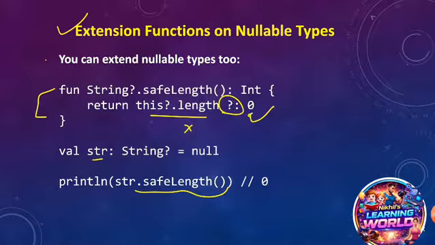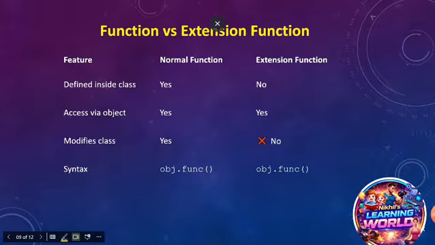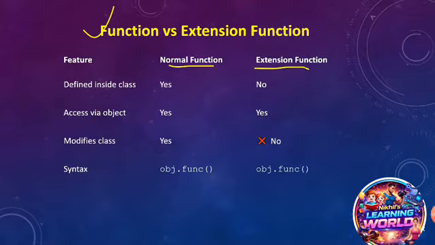Next is function versus extension function. The major difference is that a normal function is defined inside a class and we can modify it, but an extension function we cannot define inside a class.